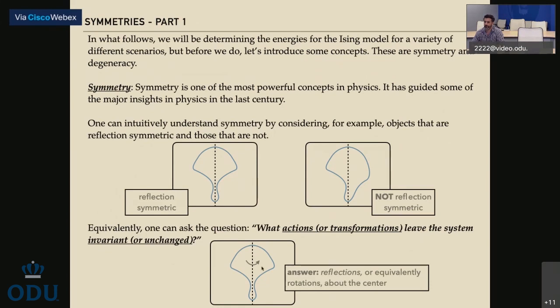In this case, I have a reflection symmetry, or equivalently, a rotation about the center axis. It's symmetric about the same axis, so if I rotate it around that axis or flip it, it's going to be left unchanged.